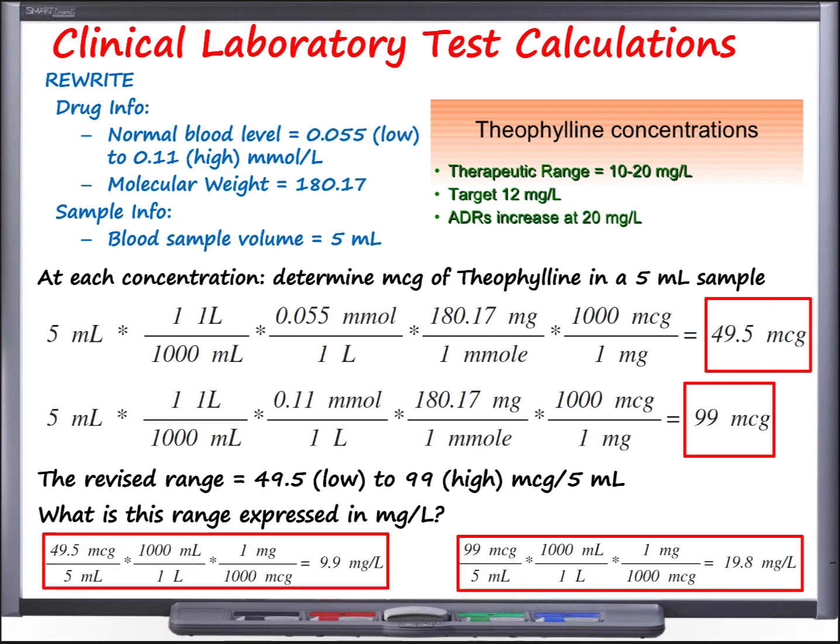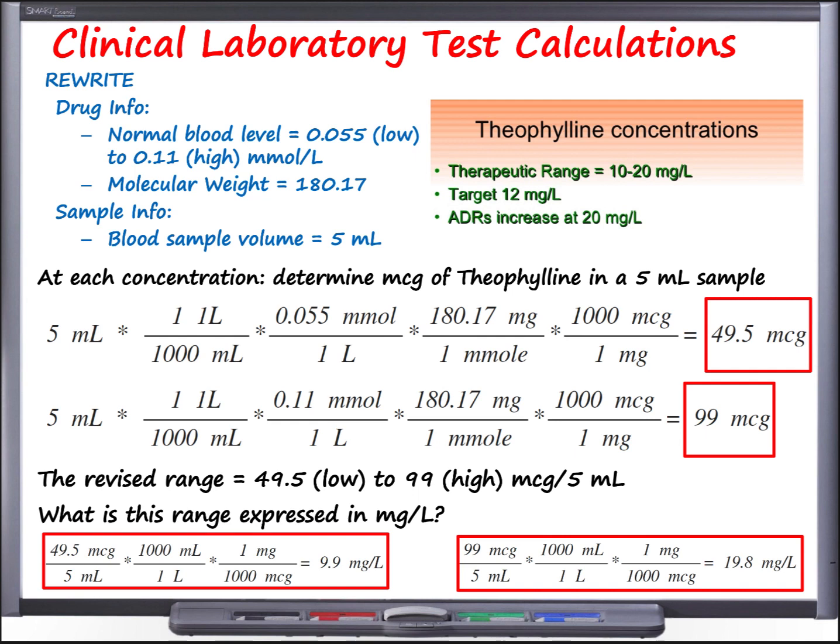To do this, I show, again, the equations for both the low and the high. All I'm doing here is taking our answer from above. For example, on the left-hand side with the low concentration, we said that was equal to 49.5 micrograms over 5 milliliters. If I convert that from milliliters to liters, I would multiply by the fact that there's 1,000 milliliters per every liter. So now milliliters cancel.